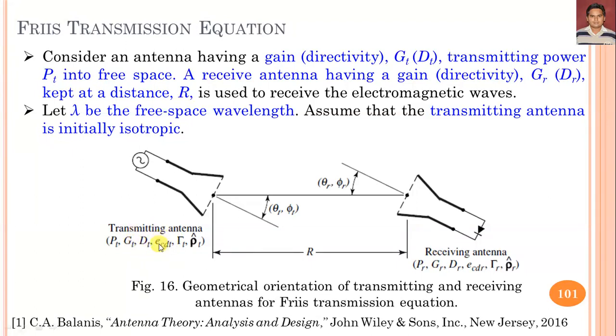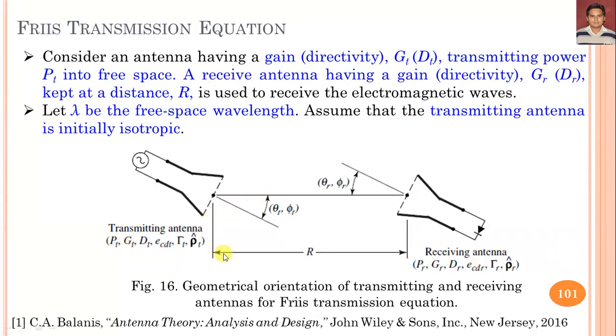ECD is the radiation efficiency of the transmitting antenna, this is the reflection coefficient at the transmitting antenna side, gamma T, and this is the polarization unit vector rho T. Similarly we can consider the receiving antenna, where we have replaced the subscript T with R. R stands for the receiver and T stands for the transmitter.